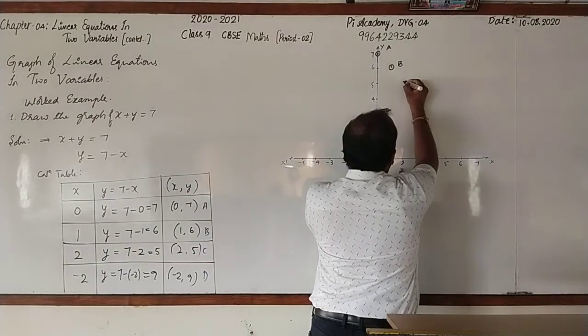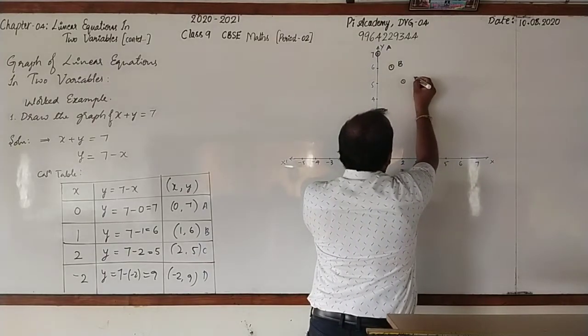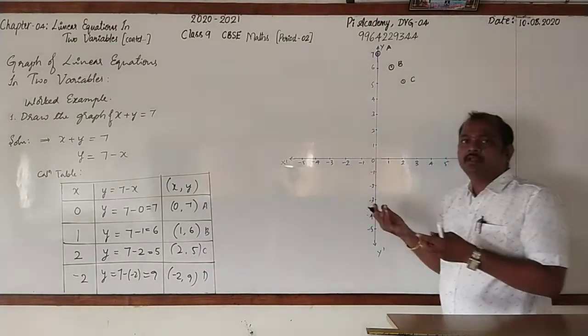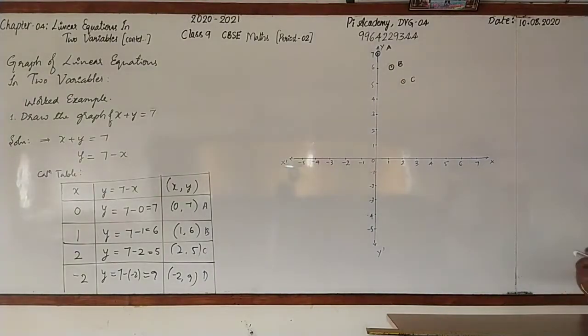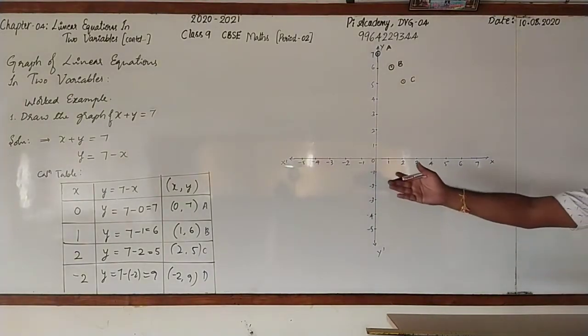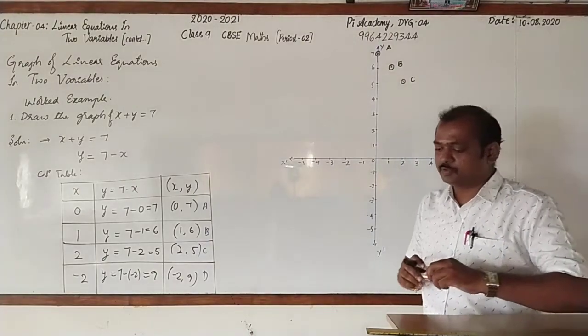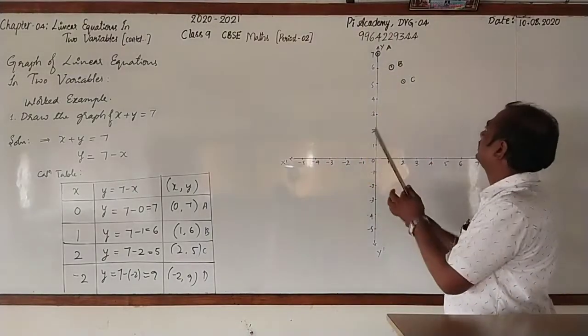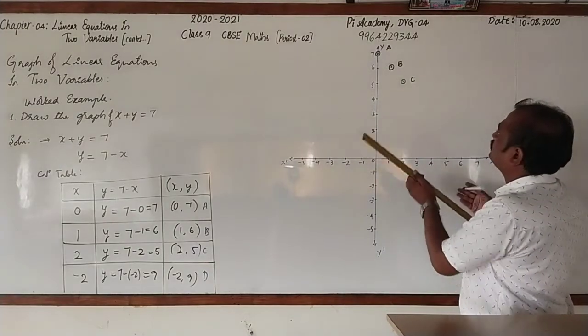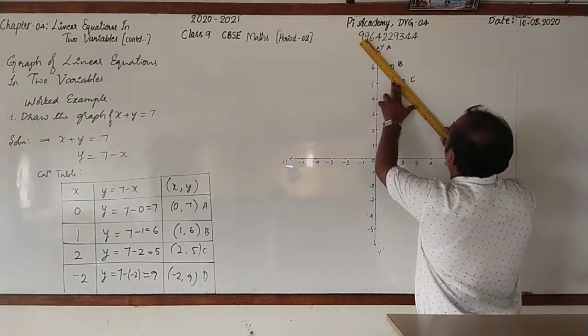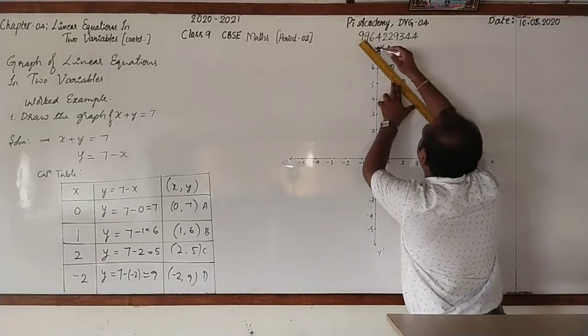That comes here. Call this point as C. Likewise, actually to draw the line, we need only 2 points. We have found out 4 points. Just 3 points are enough to draw the line. Let us go for joining them. See, like this.